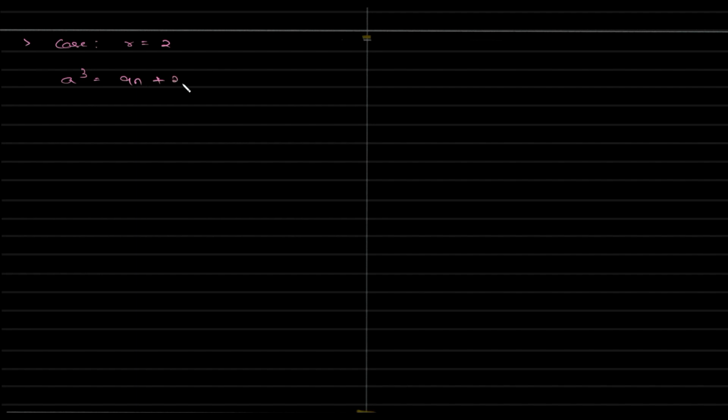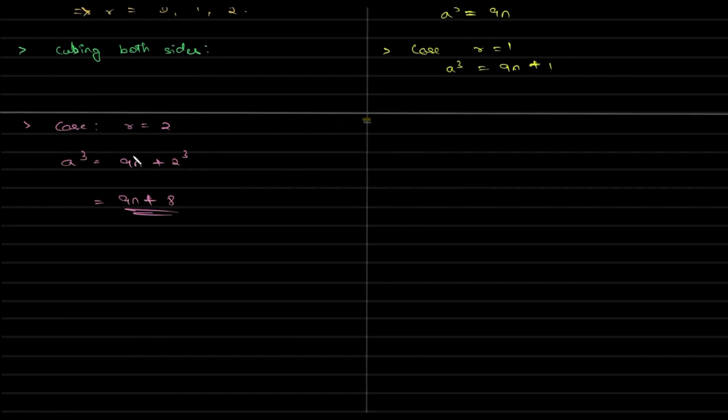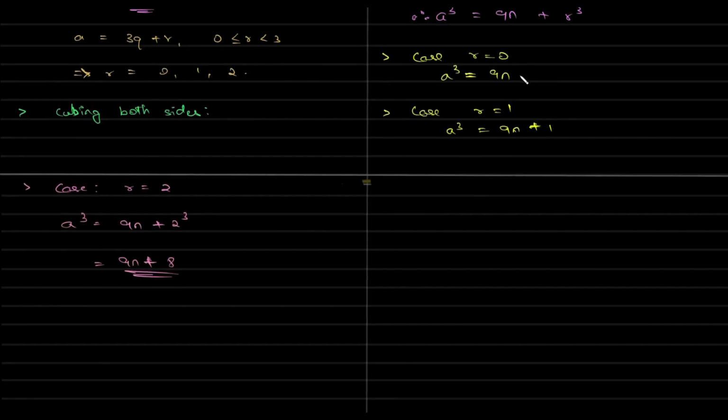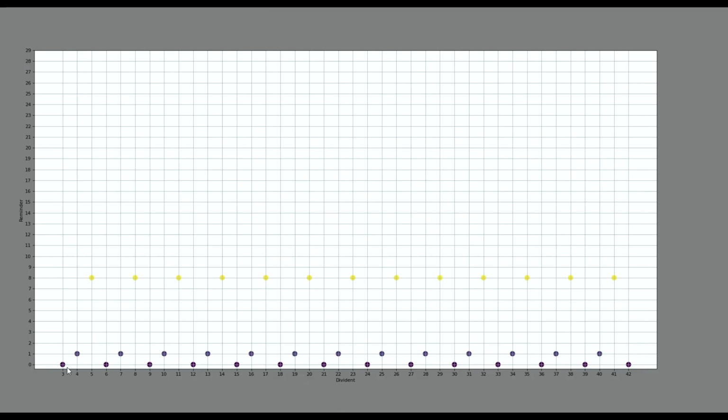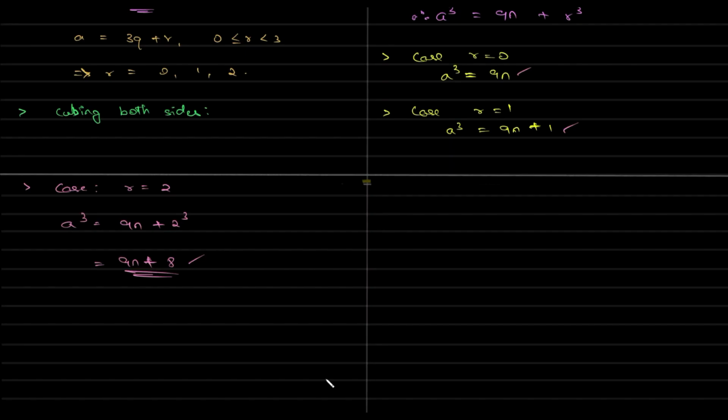Oh, no, actually 2 cube, so this is 9n plus 8. Oh, this is what we wanted. Done. Right, we get a pattern of 9n plus 1 and 9n plus 8. That's what we got in the graph also. 9n plus 1, 9n plus 8. So that's what we wanted and that's what we got. So this is correct.